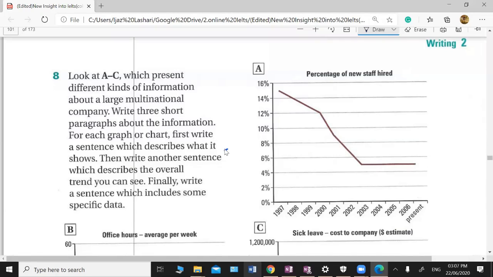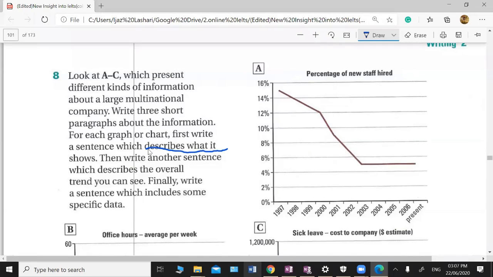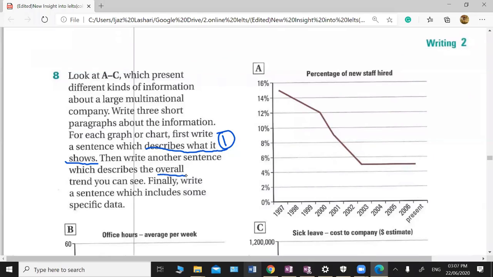I mean, the first sentence is what it shows. That is number 1. And number 2, write another sentence which describes the overall trend. So the overall trend is sentence number 2. Number 3, finally write a sentence which includes some specific data or information.